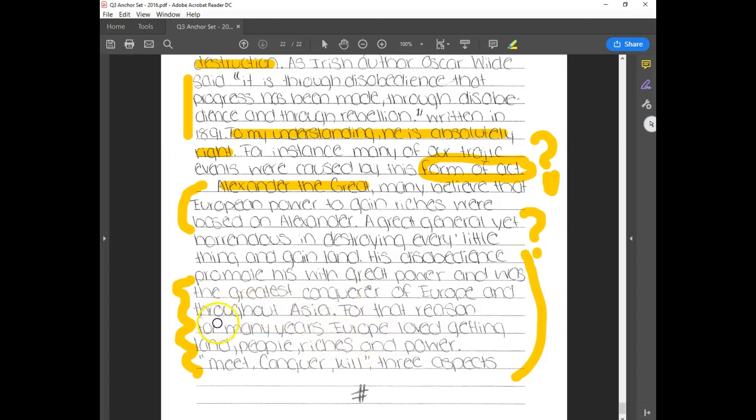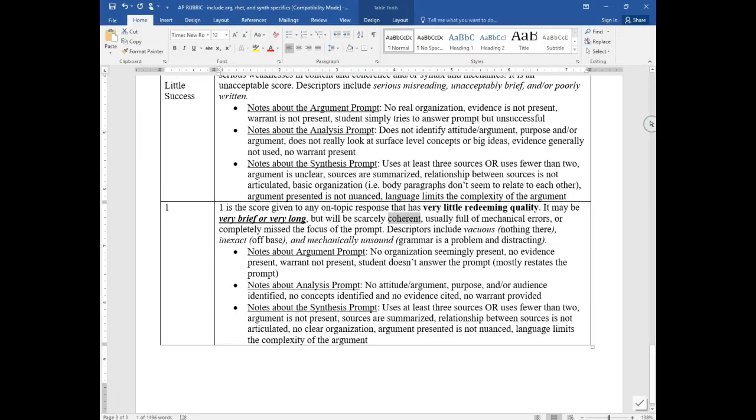There's missing words in here, missing concepts, and so the student attempts to make an argument, but it is really unsuccessful. It is not coherent. There's nothing that's said. It's vacuous. There are mechanical errors. It's inexact because oftentimes because of the word choice, I don't know what it's trying to say, and it's mechanically unsound, really problematic, right?